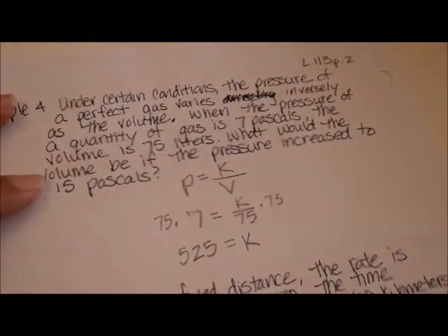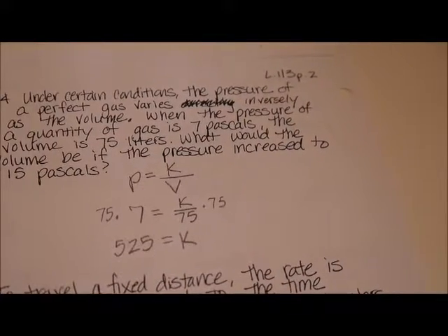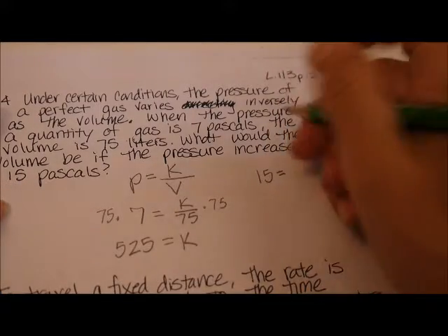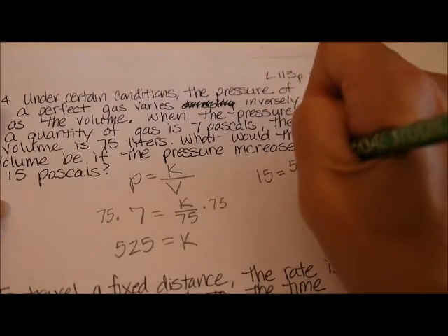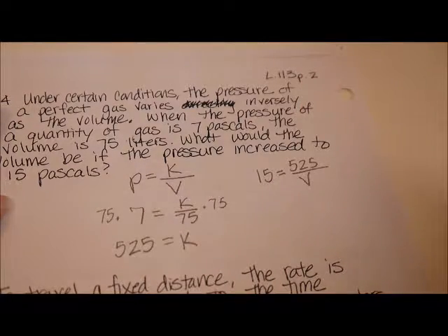All right, now it says, what would the volume be if the pressure's increased to 15 pascals? So now we have 15 for the pressure. We now know it's 525 for the K, and we want to know what the volume will be. Okay, how do you solve for that?